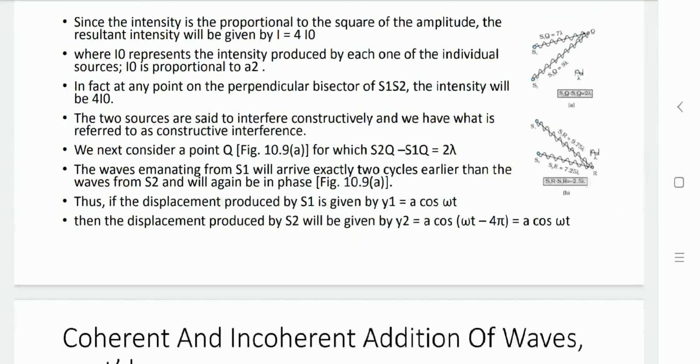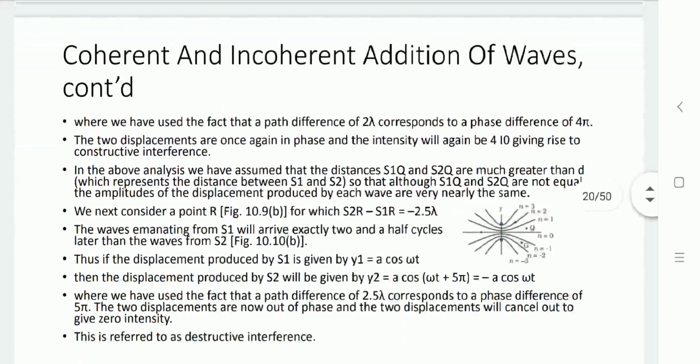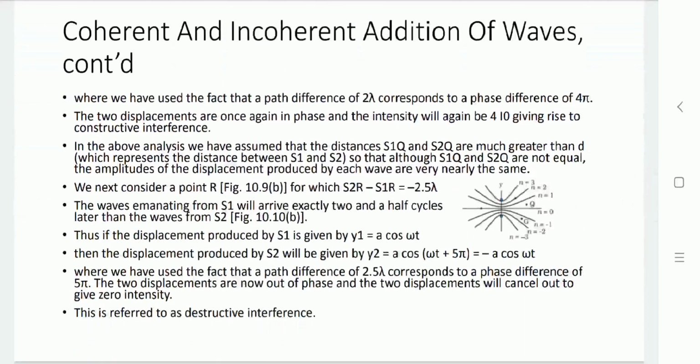The displacement produced by the first wave S1 is A cos omega t, and the second wave gives a displacement with the phase difference, A cos of omega t plus 5 pi. So that would be minus A cos omega t. If we take the total displacement, it gives you zero intensity. They cancel each other out based on the phase difference. That is known as destructive interference.